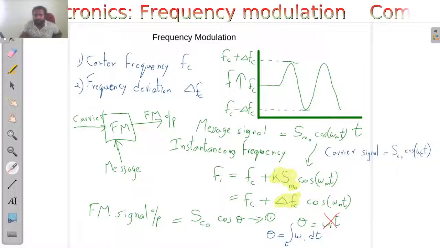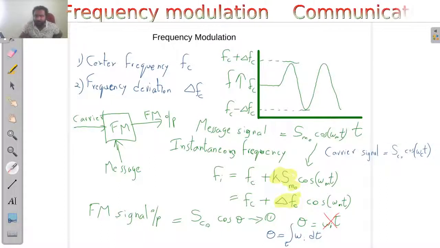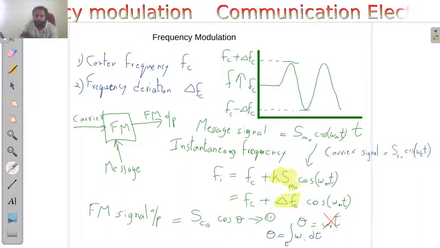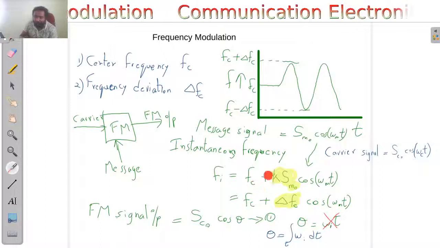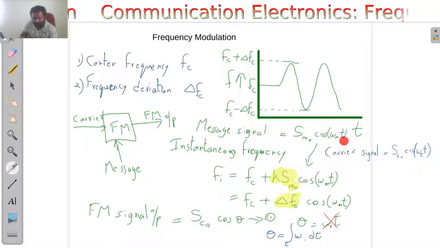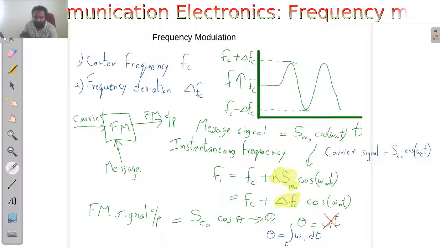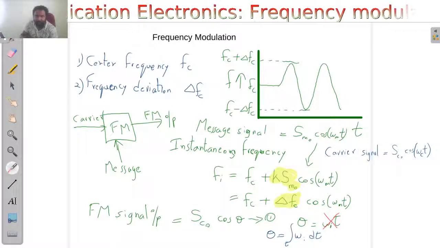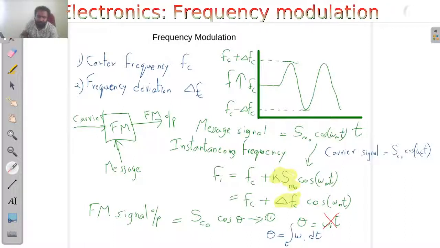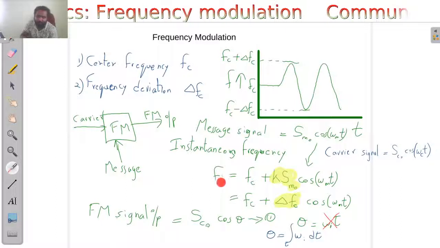Let us see what is the frequency at each of the points, an equation for frequency. I can write the instantaneous frequency as the center frequency plus a constant k times the message signal SM0 cos omega mt. So this is my instantaneous frequency. The frequency at each of these points can be represented by this equation. You can see that there is a cosine variation in the instantaneous frequency.